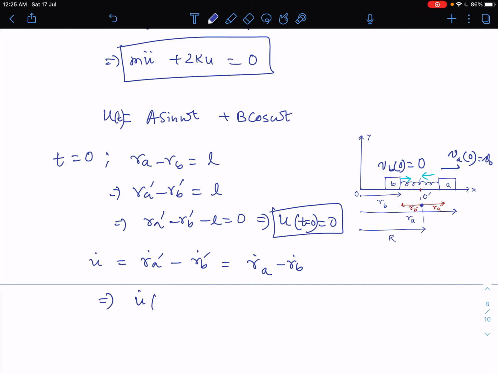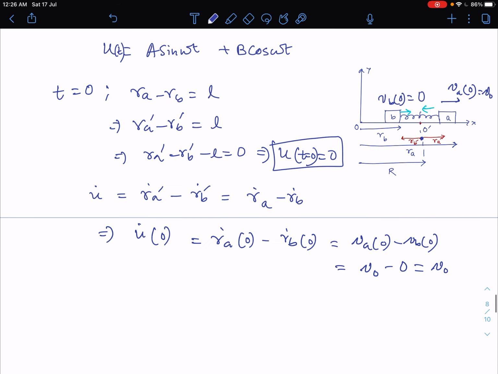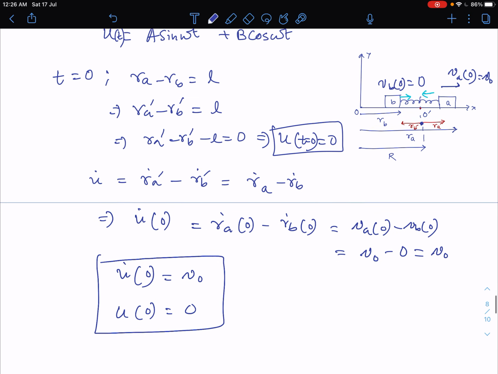At time 0, u dot at 0 is Ra dot 0 minus Rb dot 0, that is Va0 minus Vb0. Va0 is V0 and Vb0 is 0, so it is just V0. So u dot at time 0 equals V0 and u at time 0 equals 0. These two initial conditions we have.